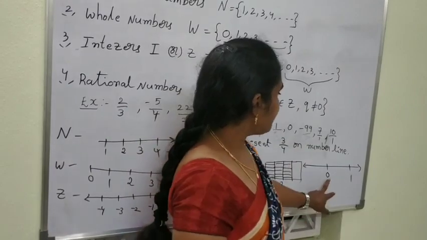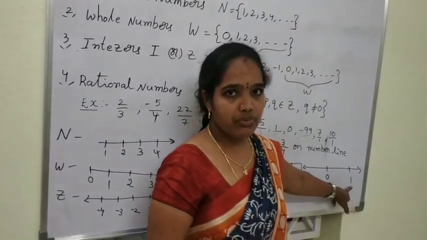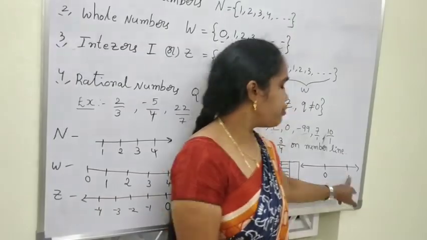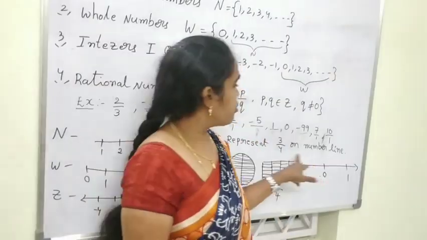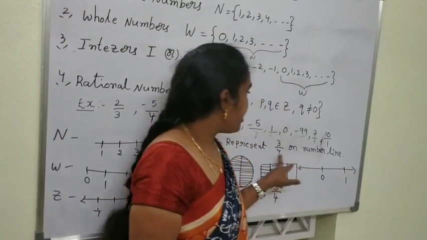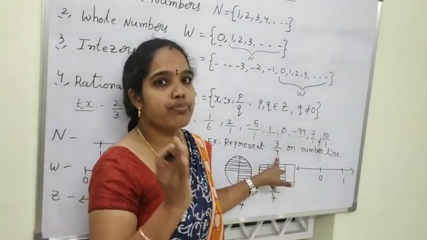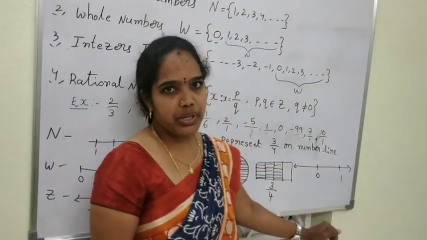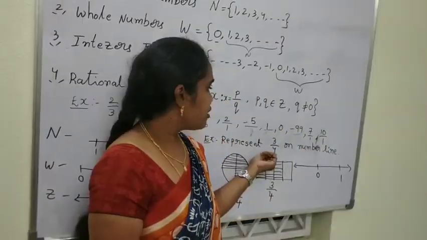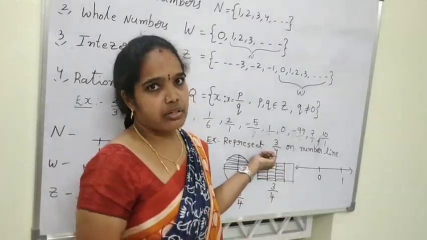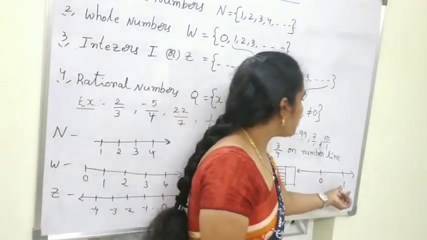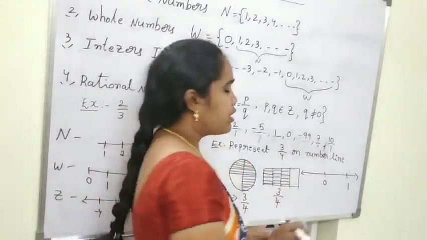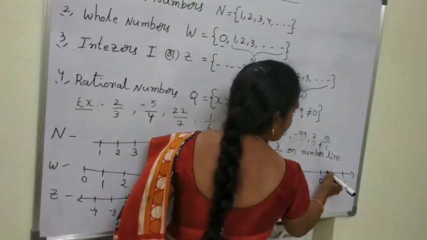So from 0 to 1, which number are we saying here? 1. So 1 unit. In 1 unit, we want to show 3 by 4, no? So 1 unit is divided into how many parts? 4 parts. From 0 to 1, how many parts do we have to take? That is represented by the denominator. So 4. That's why from 0 to 1 we have to divide into 4 equal parts.